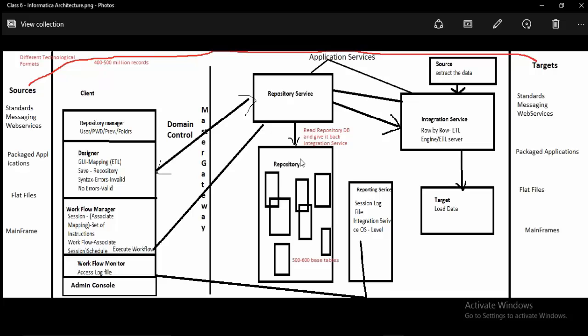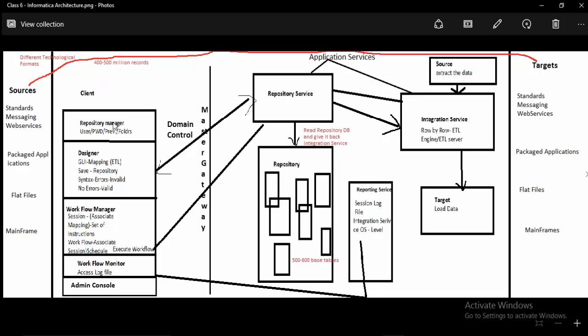Once we start the actual Informatica tool introduction, I am going to relate this architecture with actual day-to-day operations.